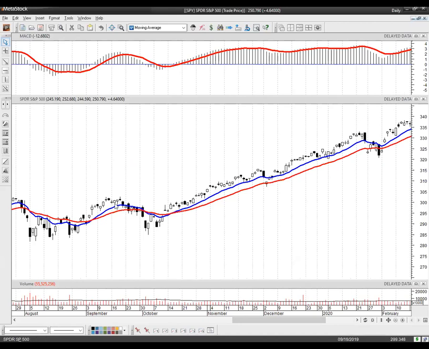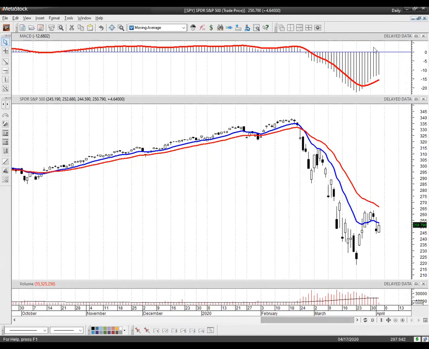And when you're going sideways, you're going to have a very flat or very skinny MACD. So you can get an idea of what the price is doing just by looking at it. We can see that the price has literally fallen down under the MACD right now. So that's how MACD is calculated.